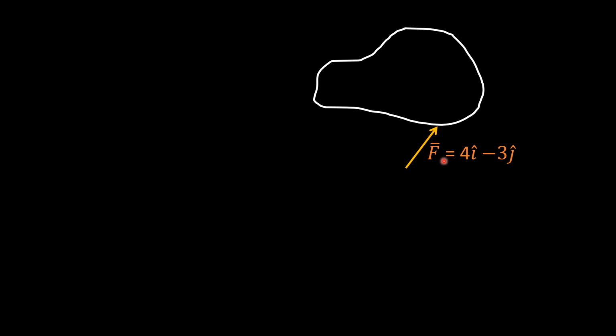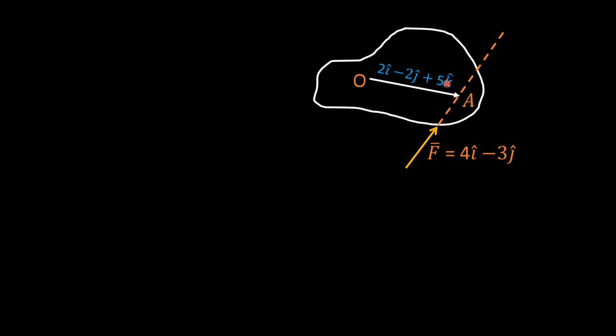Force F bar, 4i cap minus 3j cap, acts at point A of the body, whose position vector relative to point O is 2i cap minus 2j cap plus 5k cap.